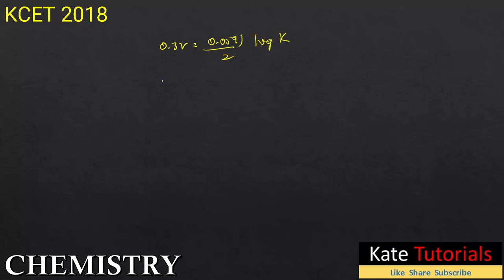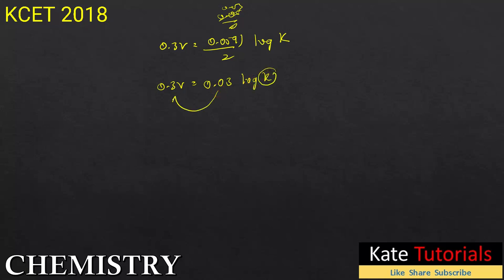So this value will be around 0.3 volt divided by 0.0591, which is almost equal to 0.06. 0.06 divided by 2 is almost equal to 0.03. So it is 0.03 log K. I have to calculate K, the equilibrium constant, right?